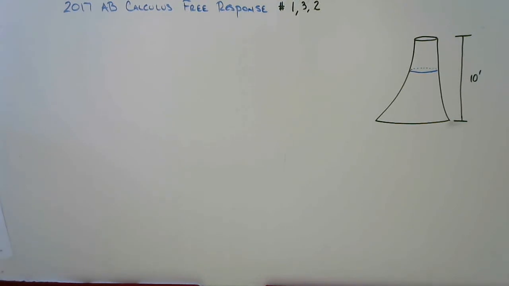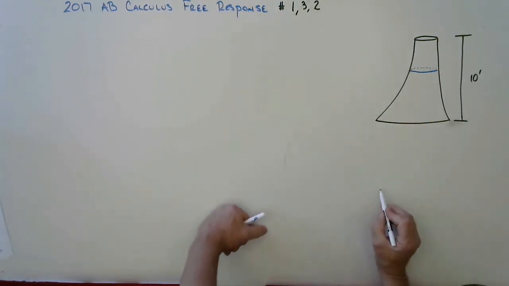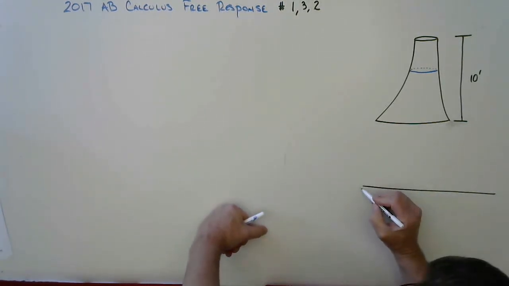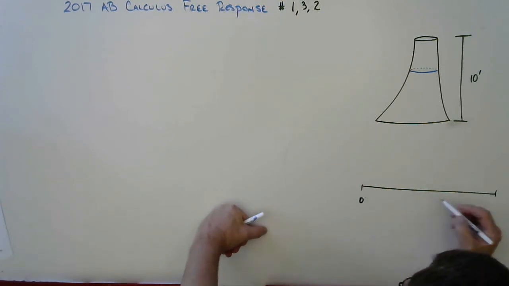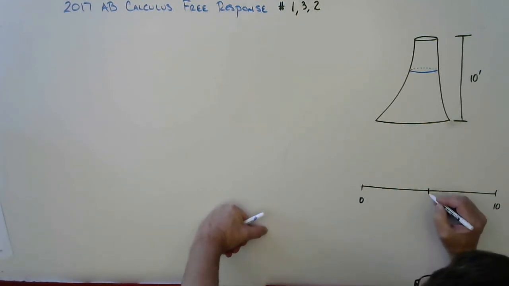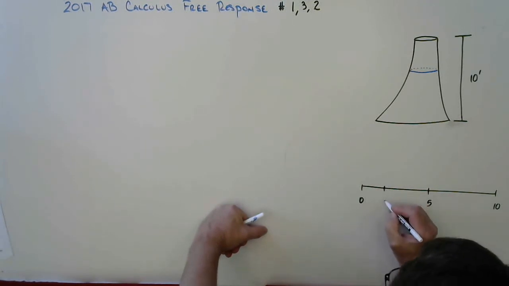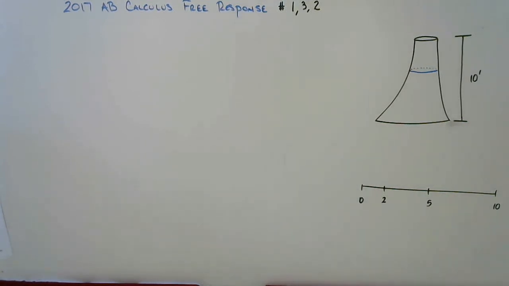Part A says use left-hand Riemann sums with 3 subintervals indicated by the data in the table to approximate the volume, indicate units of measure. So let's take a look at what we know about our tank. We know at 0 feet, 2 feet, 5 feet, and 10 feet, we know the square footage of a cross-sectional slice.